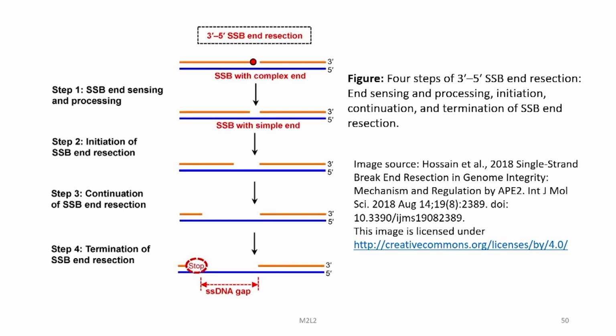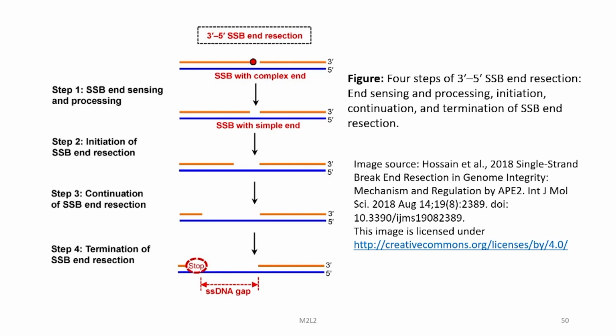So, in this figure, 4 steps of 3' to 5' SSB end resection are being shown. In the first step, SSB end sensing and processing takes place. In the second step, initiation of the SSB end resection takes place.